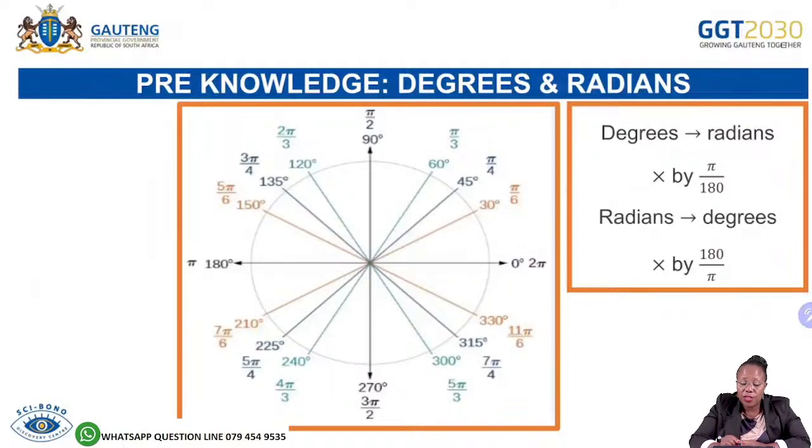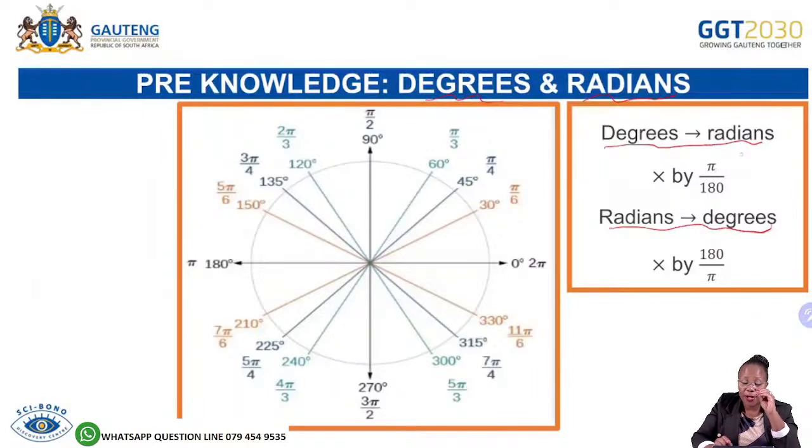And then now you need degrees and radians. I touched this a little bit previously. In this case, grade 12, you must know how to convert a degree to radian and a radian to degree. That means if you are changing a degree to radian, you must multiply that degree by pi radians over 180.